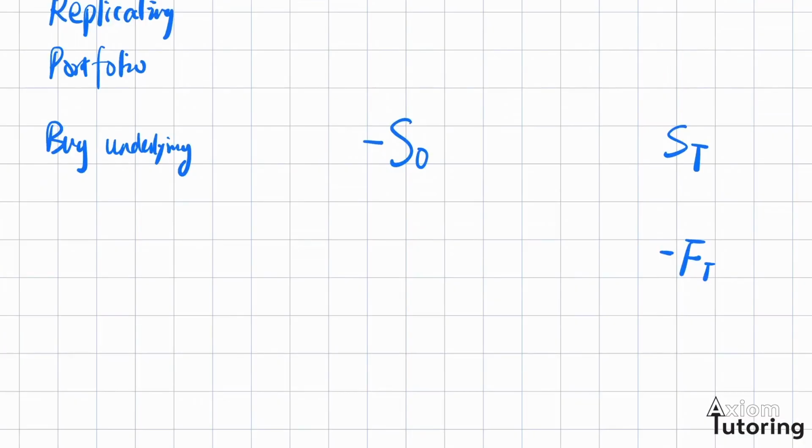What's the price of such a zero coupon bond if the final payment, or the face value, is going to be F_T? Naturally you would think that's going to be F_T divided by 1 plus r to the power of T. If it's risk-free, then that's going to be the risk-free rate. If it's some other appropriate discount rate, then just use the appropriate discount rate here.